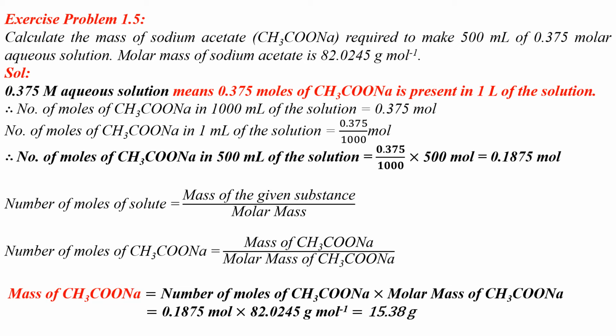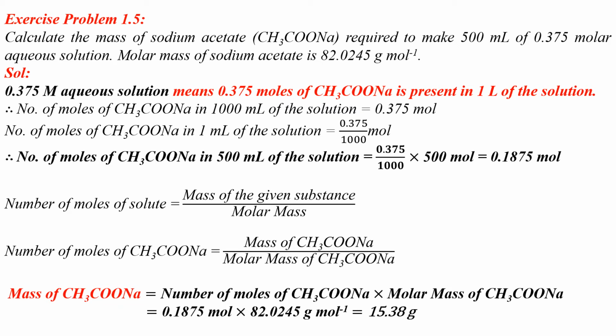So you must know how many moles of sodium acetate would be there in 500 ml of the solution. Therefore, number of moles of sodium acetate in 500 ml of the solution is given by 0.375 divided by 1000 into 500. This would give you an answer of 0.1875 moles.